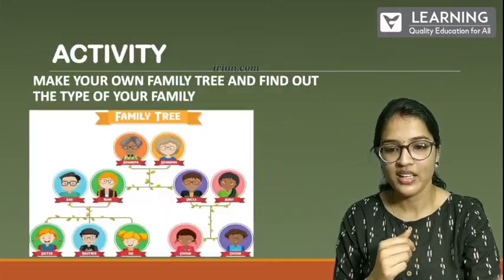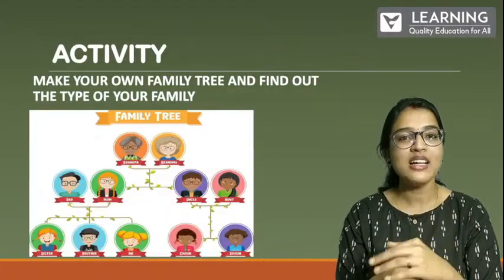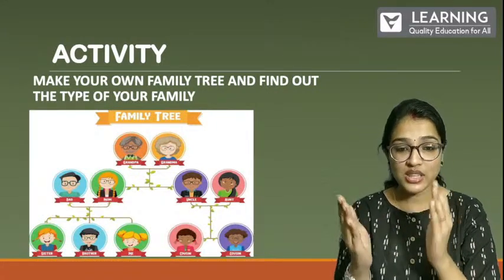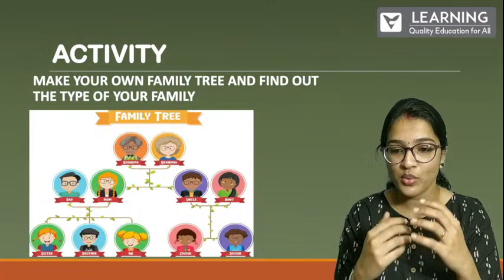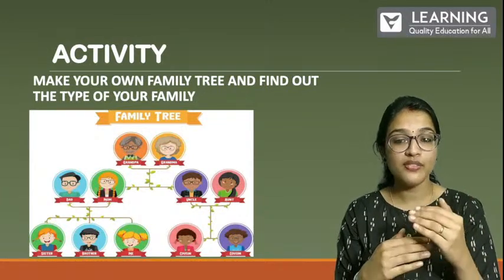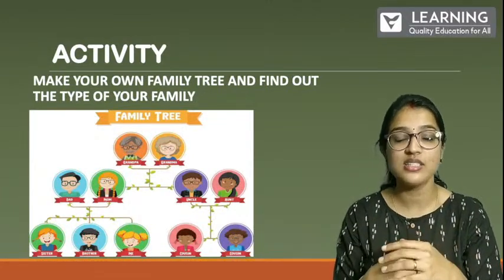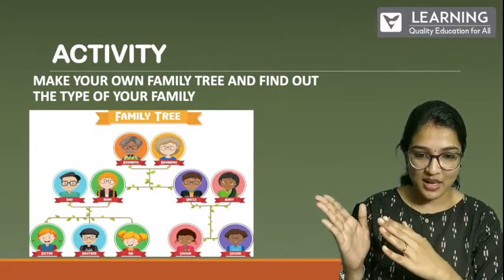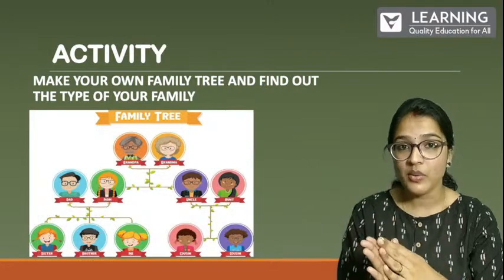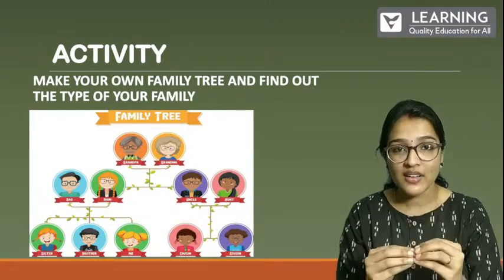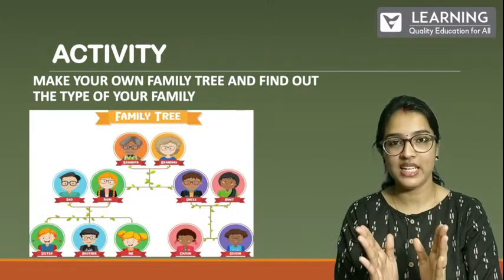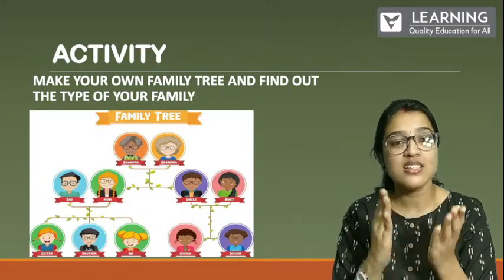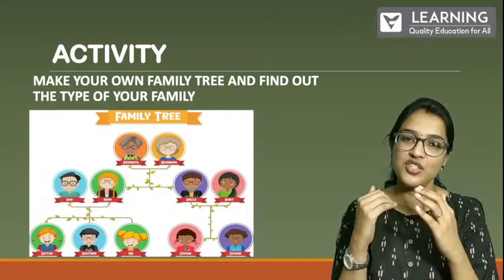Now yes. So I told you that in the end of the session, we'll be doing a small activity, right? So this is the activity for you. So what is that? Make your own family tree and find out the type of your family. So here I gave you the example of Lucy. So same way, what you have to do, you have to draw your family tree and try to understand whether your family is a nuclear family or a joint family.